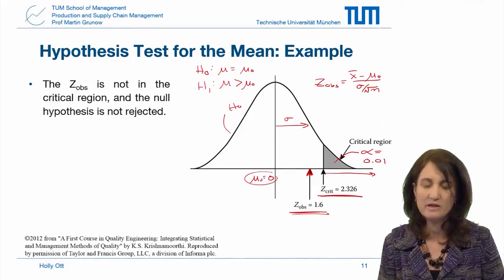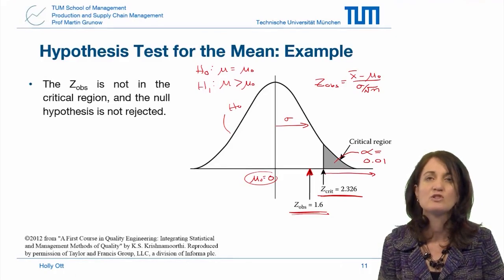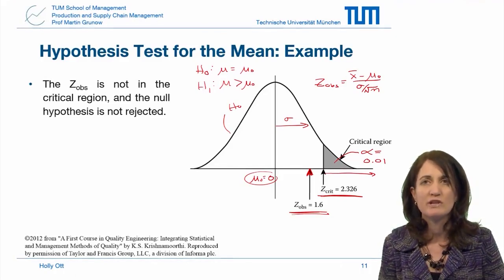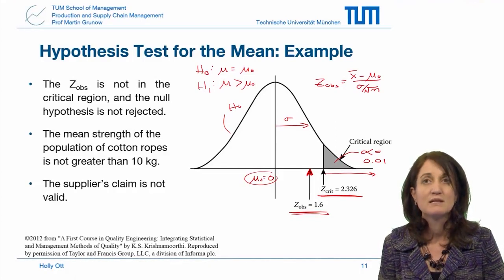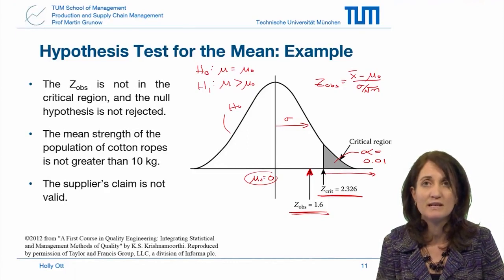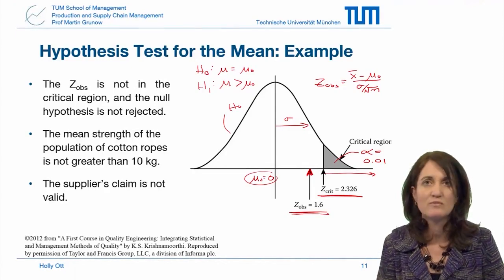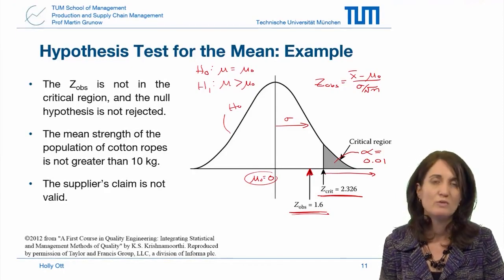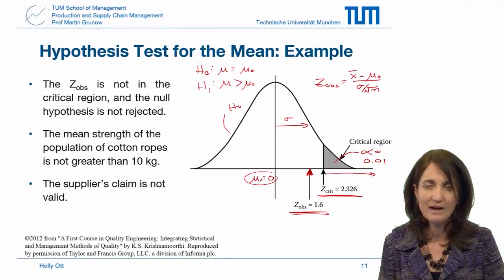It is not greater than 2.326. So we cannot reject the null hypothesis. The mean strength of the population of cotton ropes, even though it came from the supplier who made the claim, is not greater than 10 kg. We cannot say that to a significance level of 0.01, and we say that the supplier's claim is not valid.